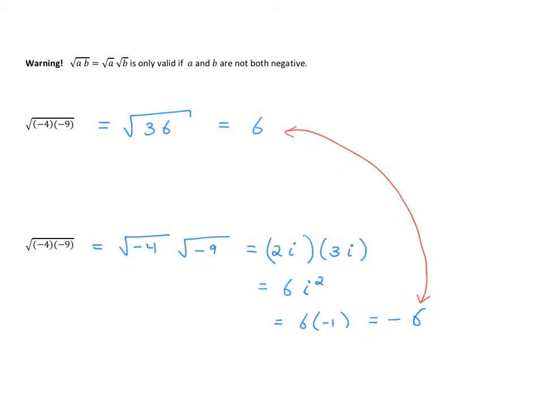You get 6, but one's positive and one is negative. The fact that this happens with these two different approaches means that we unfortunately cannot use this up here. What goes wrong is if you have two negative numbers under the square root. In any other situation, this rule is fine, but I just put this here as a warning to be careful when we simplify using negative numbers and square roots.